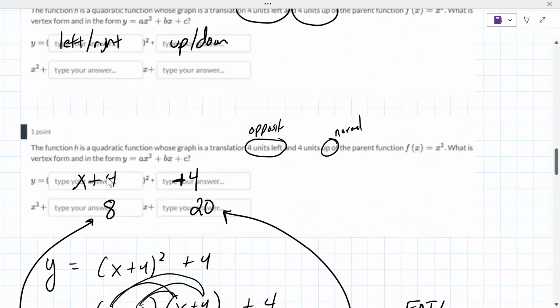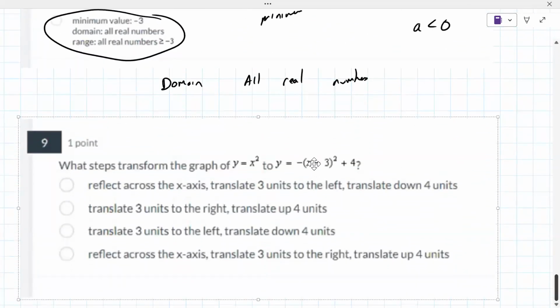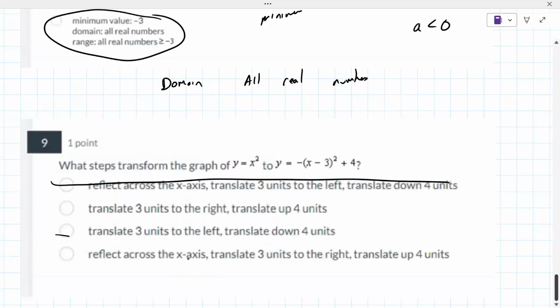Why did you put a 4 here? We put a 4 there because it's 4 units to the left. So the number inside parentheses tells you whether it's left or right. I get this. So we go to the right 3 units. Do any of these answers say right 3 units? Yes, the second one and the fourth one.